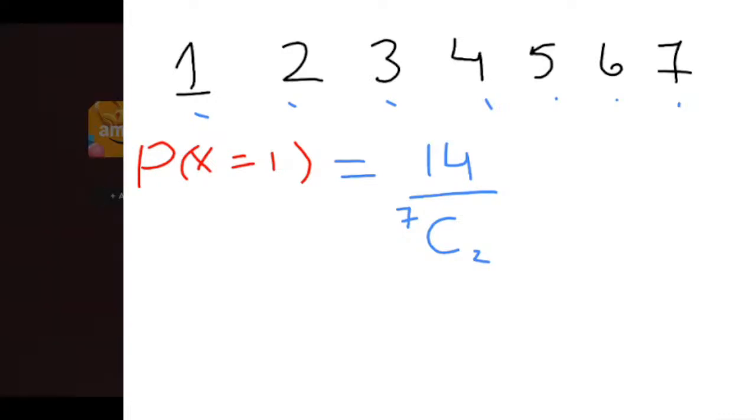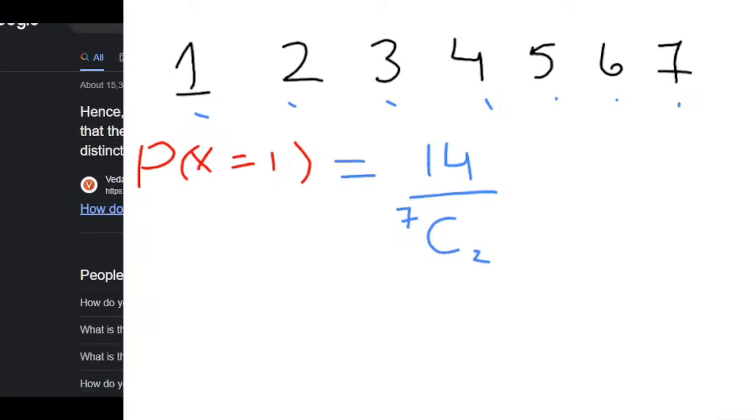So what is 7C2? I think 14 divided by 21, right? Yeah, 21. Then we can cancel this out to 2 and 3, so 2 by 3.